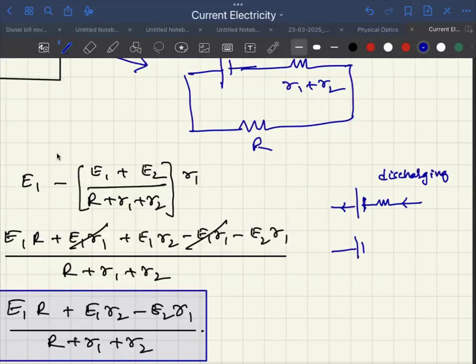Suppose the cell is like this and the current flows like this inside the battery, from the positive terminal to the negative terminal, that case is called charging. Inside the battery, if the current is from the negative terminal to the positive terminal, then it is called discharging. Have I cleared your doubt? Yes or no? Just honestly. Yes, sir. Very good. Thank you.